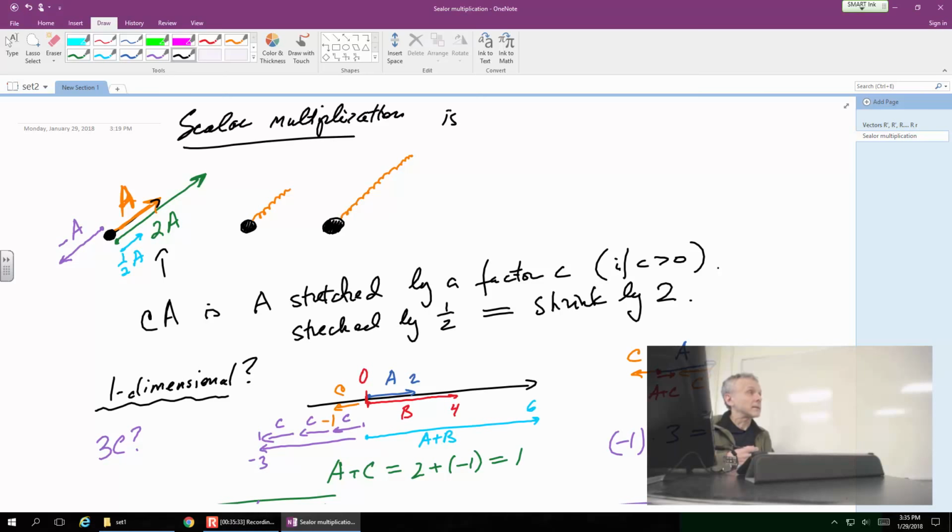Just like one-dimensional, right? It's one-dimensional, that's right. If you have a vector and then you stretch it, you stay within that line. You're not going anywhere. You're not turning or anything. So it's one-dimensional. So it's very convenient to have all the algebra taken care of in low dimensions.